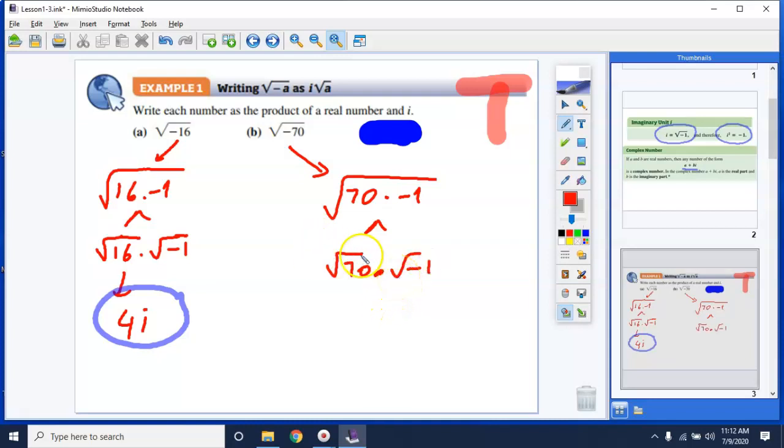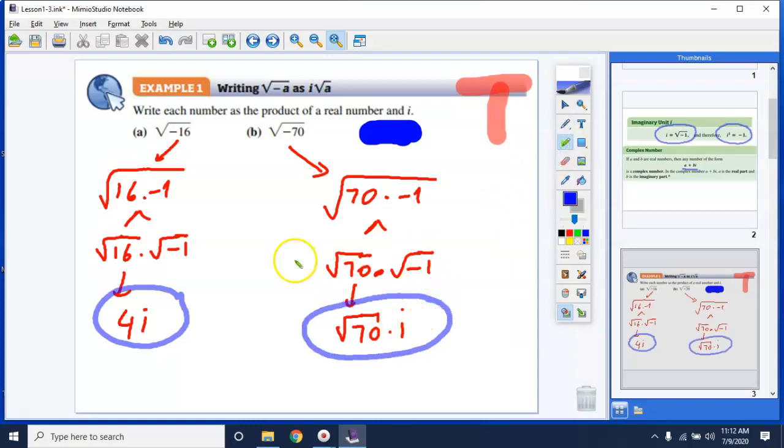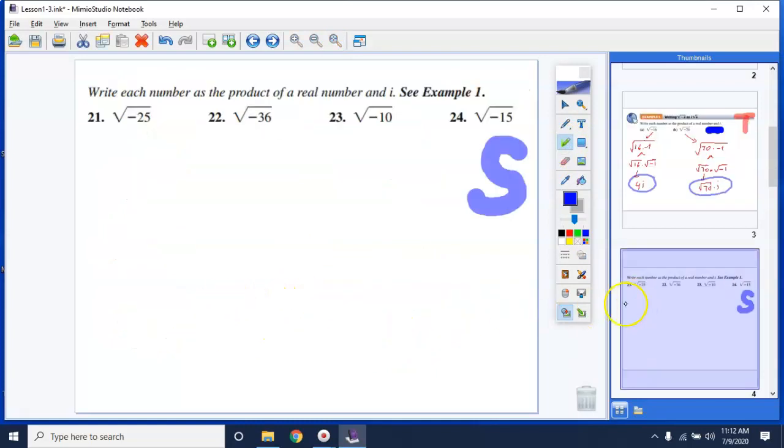Sometimes we are not able to simplify. Square root of 70, I can just keep as the square root of 70. But I know this one, right? Square root of -1 was i. I'm going to put that i, and that's going to be my final answer. Alright, that's how I simplify them and how I write them as a complex number. So I want you to pause the video here and have a try, everyone.